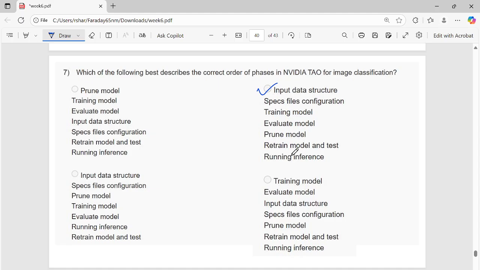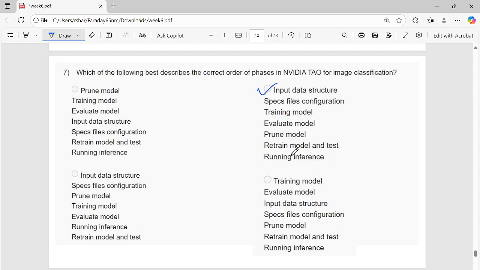The next is the spec file configuration. This involves creating configuration files, like spec files, that tell TAO how to train the model. The spec includes paths to the data, model architecture and details, hyperparameters, batch size, learning rate, etc. Without this, the toolkit doesn't know how to proceed.